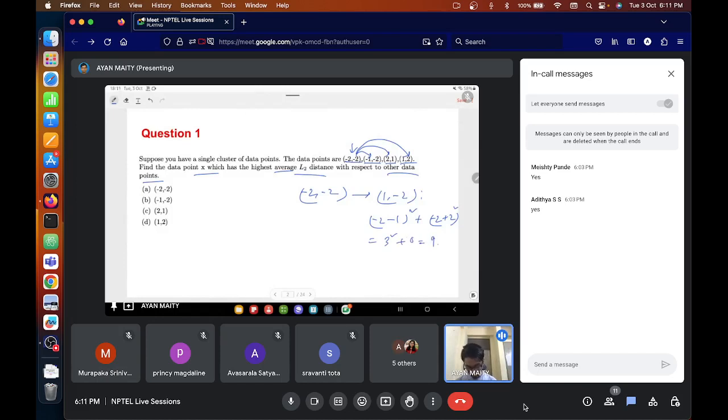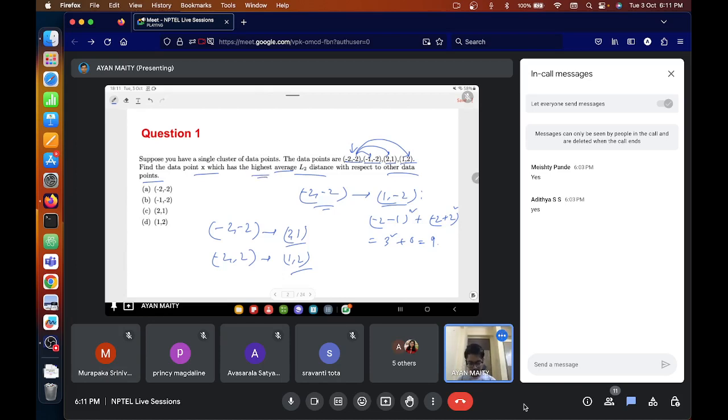Similarly, you have to find the distance from (-2, -2) to (2, 1), and then from (-2, -2) to (1, 2). You take the average of those 3 distance values, and that gives you the average L2 distance for (-2, -2). Similarly you have to do this for all 4 points, and from that you take the point for which the average L2 distance is highest.